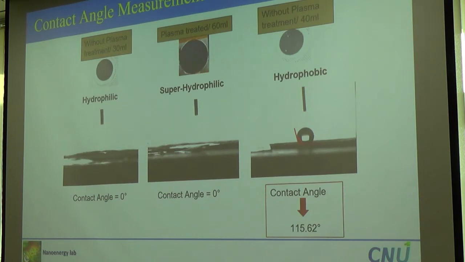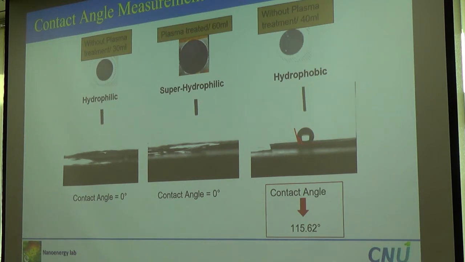And the next one is the contact angle measurement. As I earlier showed in the absorption spectra, this is without plasma treatment, the first one, where the contact angle is 0. And the second one is the plasma treated 60 ml loading amount on the glass fiber.